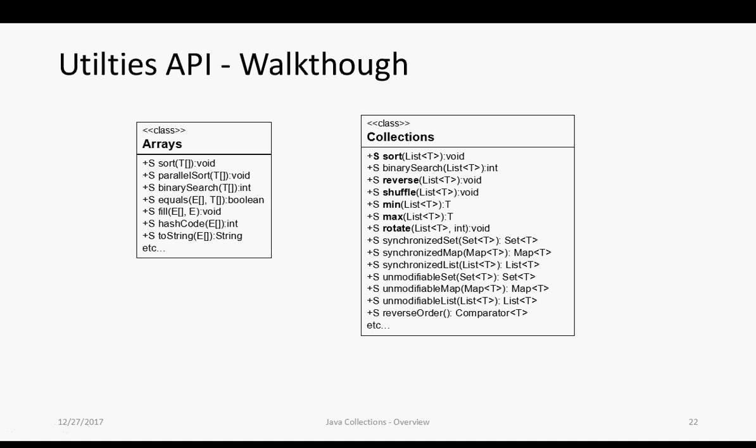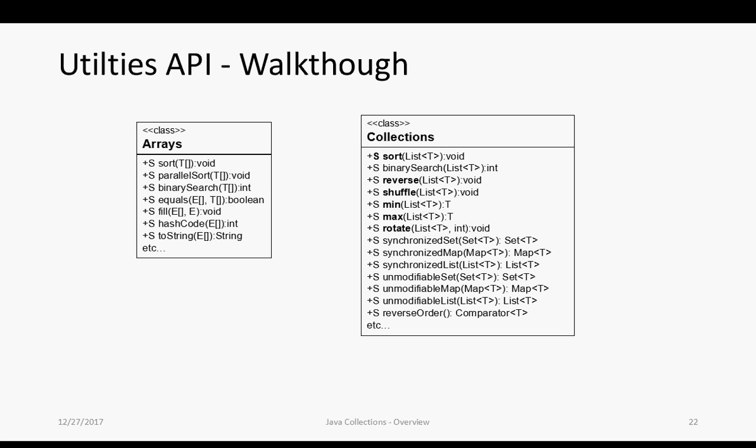Let's look at the utilities API. There are two classes that I'm going to cover next, the Arrays and the Collections. We have seen a few APIs of the Arrays class, namely sort and toString, to name a few. While the Collections class also supports similar APIs, the sort, in addition to that, it supports the min and max operations from the list, the minimum element and the maximum element.